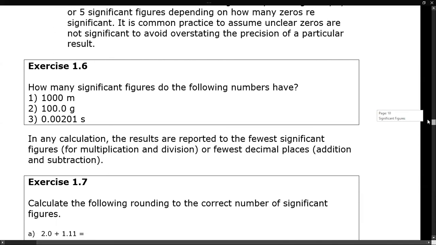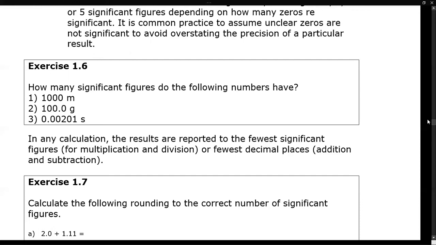So let's look at this example. How many significant figures do each of these numbers have? 1,000 meters, but notice there's no decimal place. So that would have an unclear number of significant figures unless you do something to designate that. If you see it in a problem and it's unclear and you have to use a number, a lot of times I'll put in parentheses how many significant figures it's supposed to have.